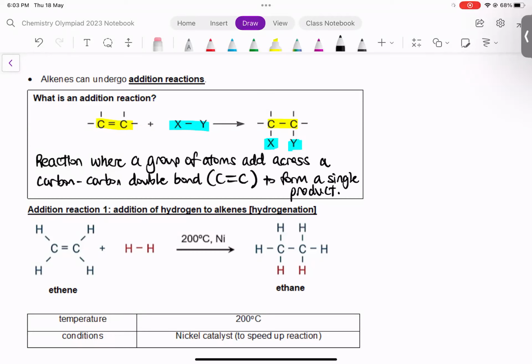You don't have one molecule plus another molecule on the right-hand side. On the right-hand side, there really is only one thing formed. That is the telltale sign of an addition reaction: when you look on the right-hand side of the equation, it has only one product. All the following reactions I'll be teaching you involving alkenes are all addition reactions.